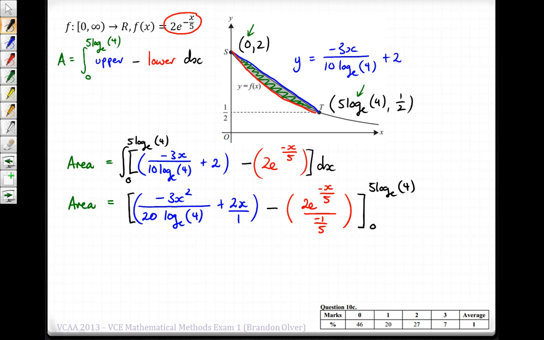So the first thing we're going to do, I'll just grab another bit of paper and rewrite what we've got, just so we can start fresh. So grab a new piece, and we said that our area is equal to, so minus 3x squared divided by 20 log e of 4 plus 2x, and that was our blue.